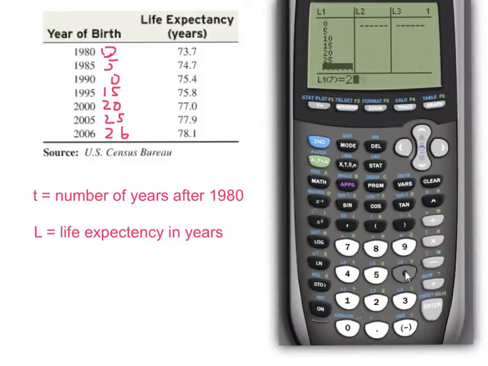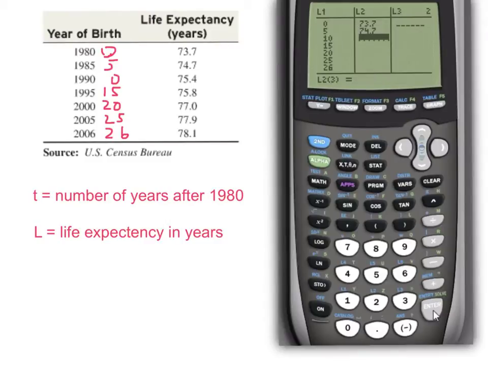So those are the values that are put into L1. You always put your x values into L1, or your independent variables. And your dependent variables, or your y values, always go in L2. So we'll just enter those numbers in, 73.7, and then right on down the list.